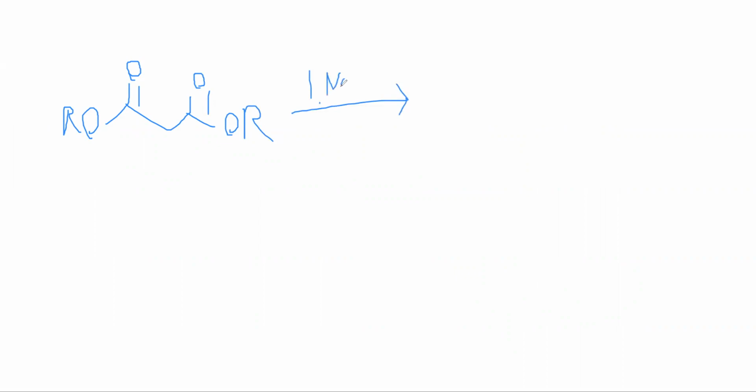And if we do the same conditions, we use a base that matches the ester in the first step. We react it with an alkyl halide in the second step, and we add acid and heat in the last step. The last step is going to turn both of the esters into carboxylic acids, and then you're going to lose one of the carboxylic acids because you're heating it.